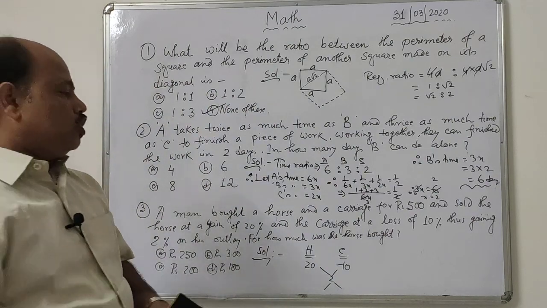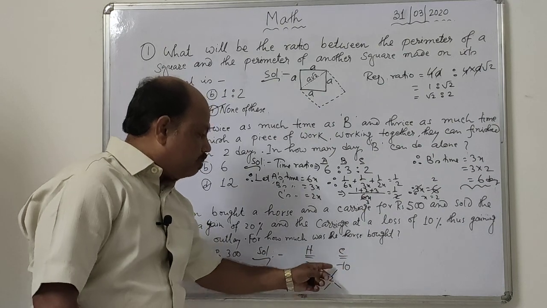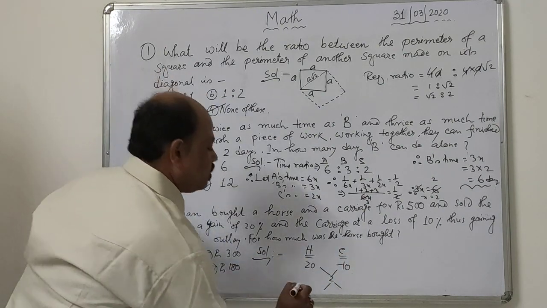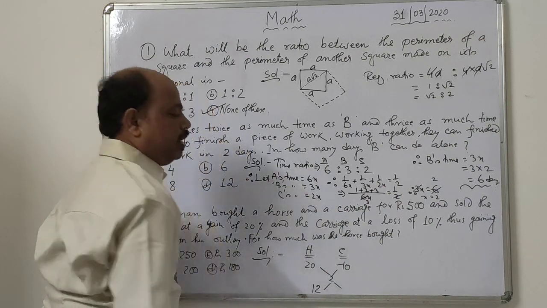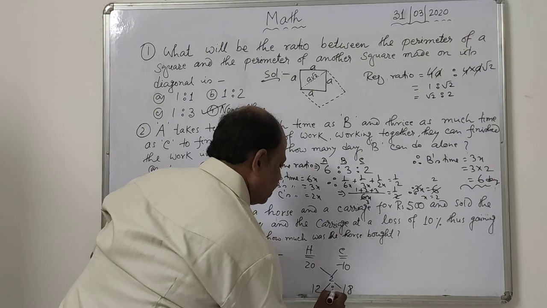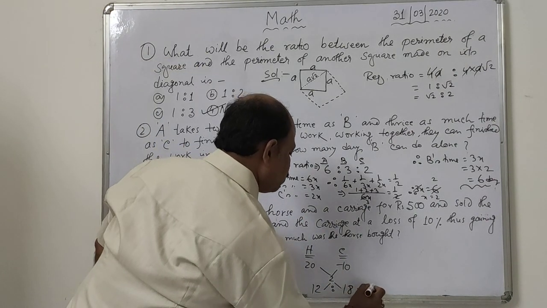This is the allegation method, taking the diagonal difference. The difference of minus 10 and 2 is 12, and the difference of 20 and 2 is 18. Therefore what is the ratio? After cancelling by 6, it is 2:3.